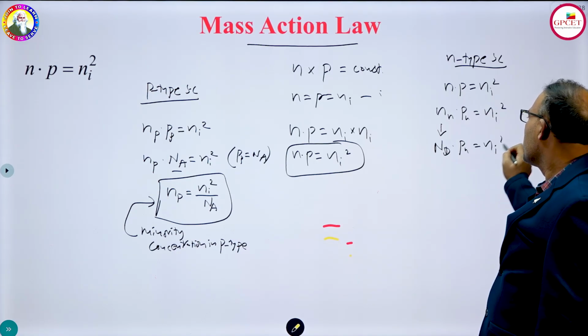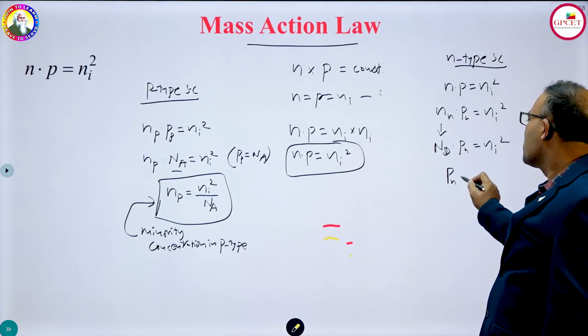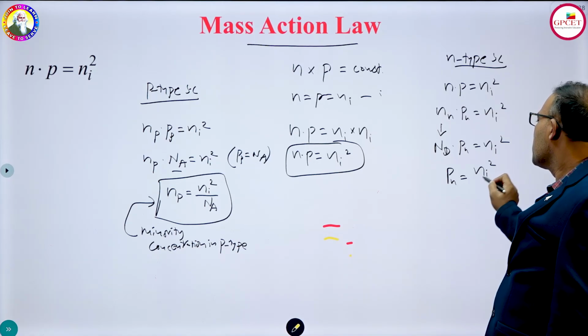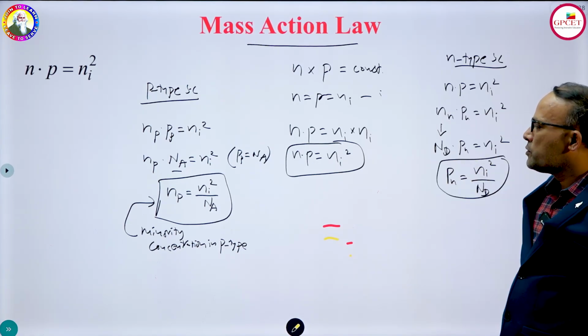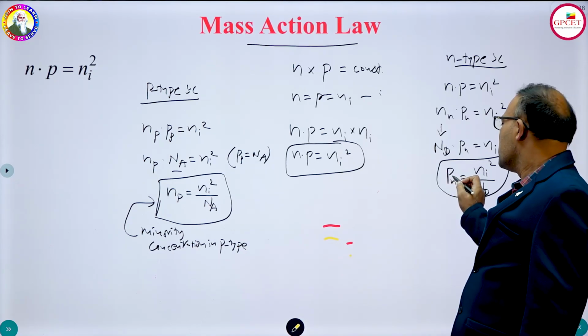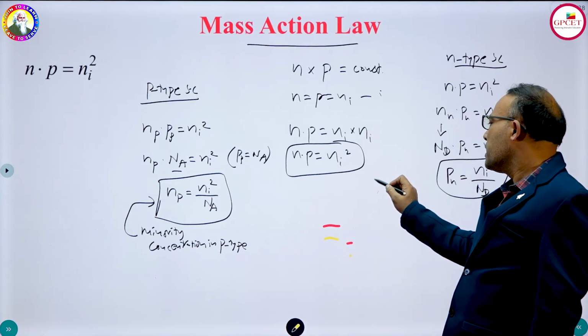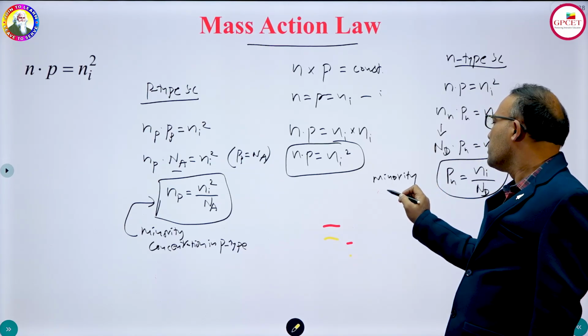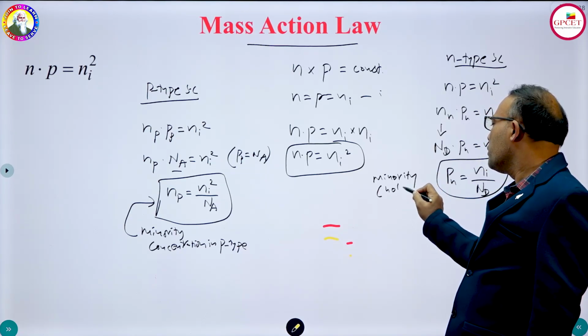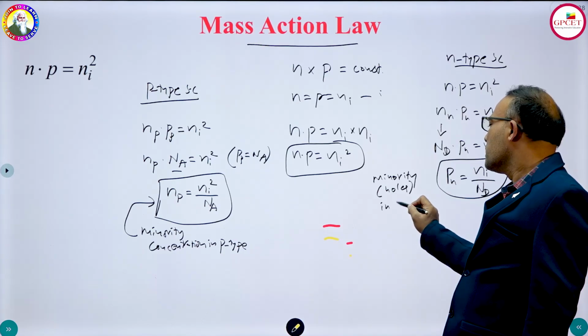Therefore Pn is equal to ni square divided by Nd, which is the minority hole concentration in n-type.